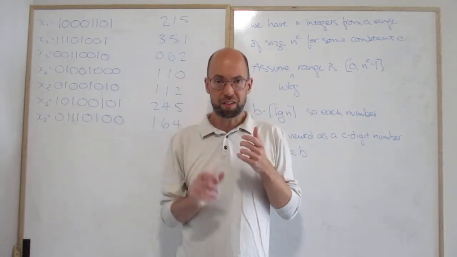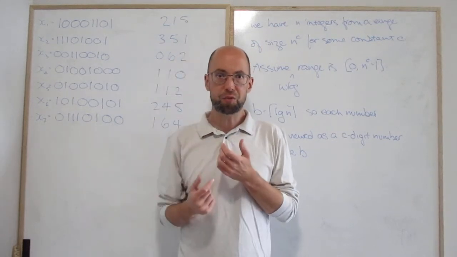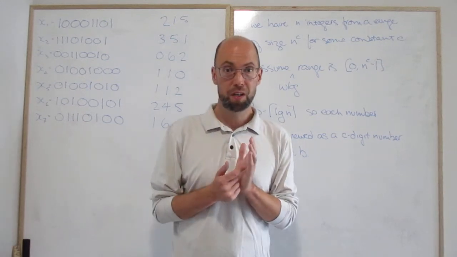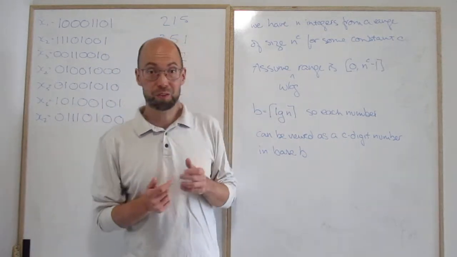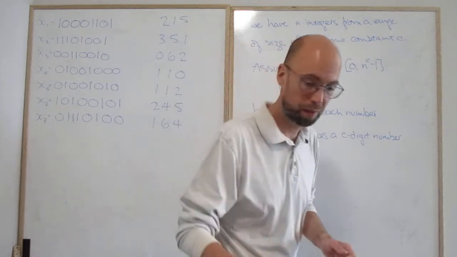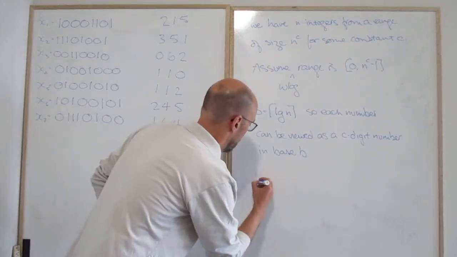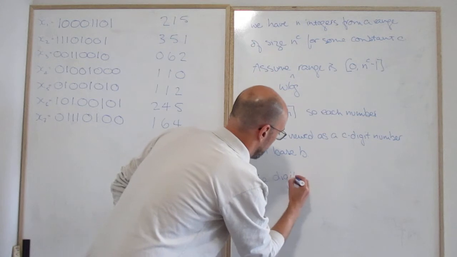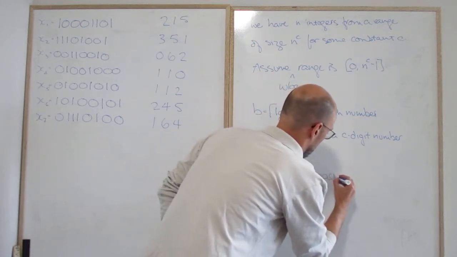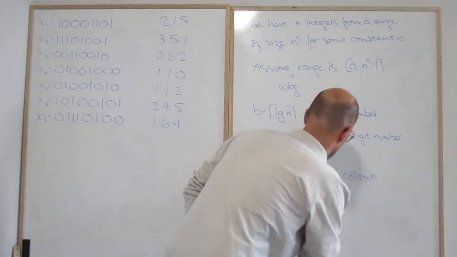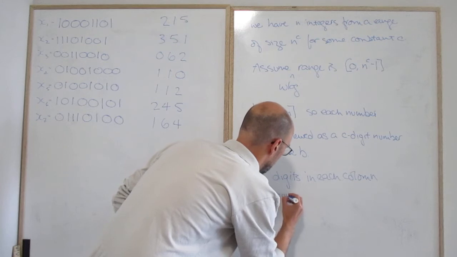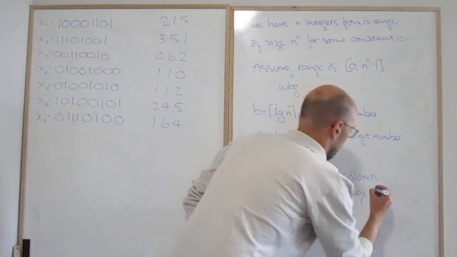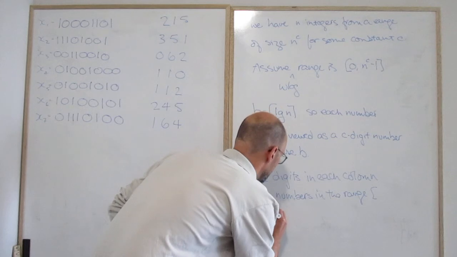The digits in each column, the rightmost digits in the numbers, are b-bit numbers, and b is ceiling log n.